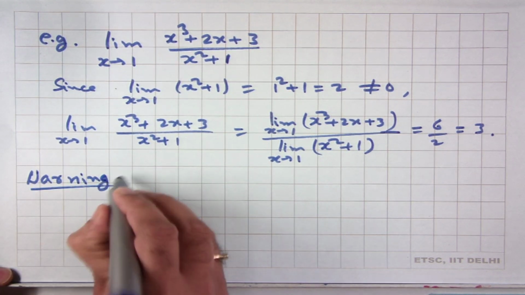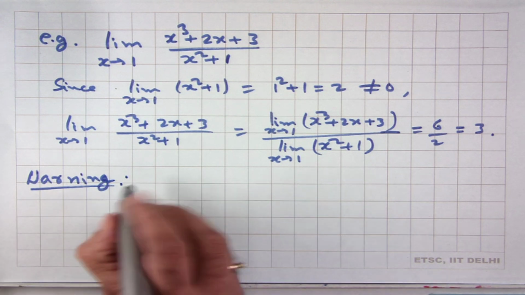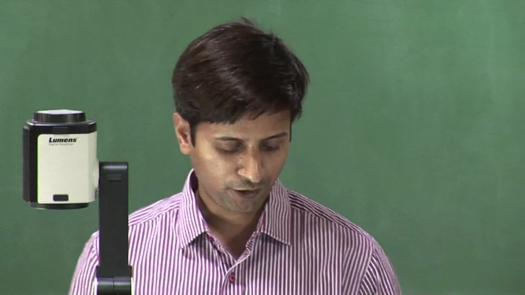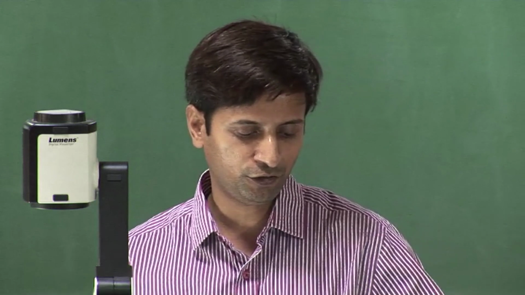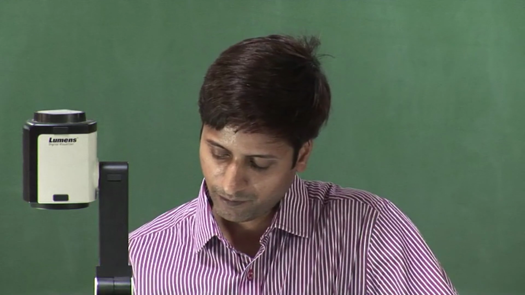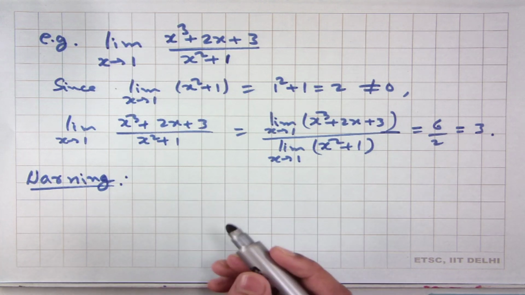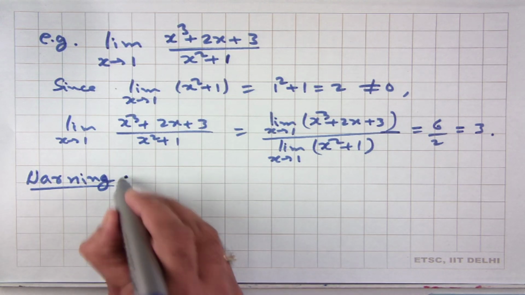Let me warn you, we said that if the limit of the denominator function is non-zero, then the limit of the quotient exists and equals the quotient of the limits. But if the denominator function limit is 0, we cannot say that the limit does not exist.